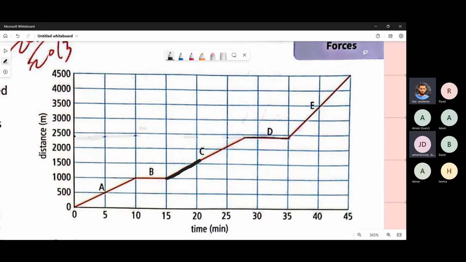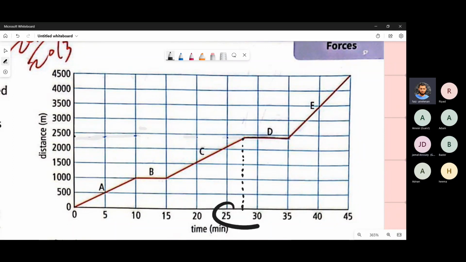Now, what did he do after 5 minutes? He again started his journey. And this is the duration now. In this duration, how much time was done and how much distance was done? He started at 15 minutes, and somewhere in the middle. 27.5.